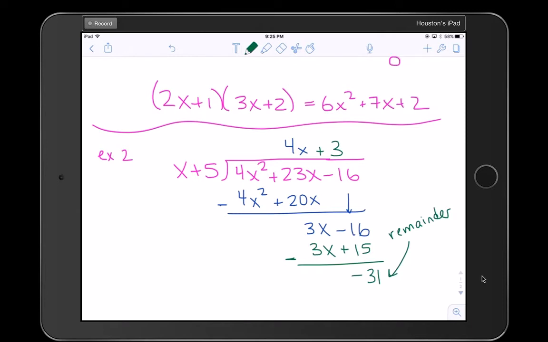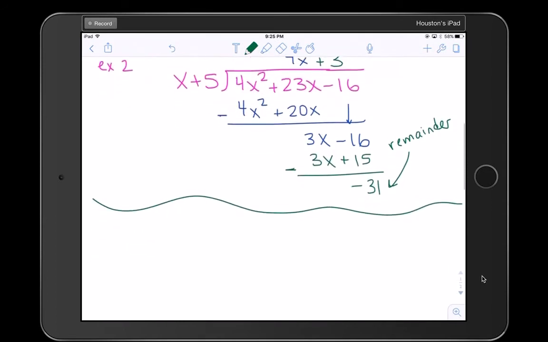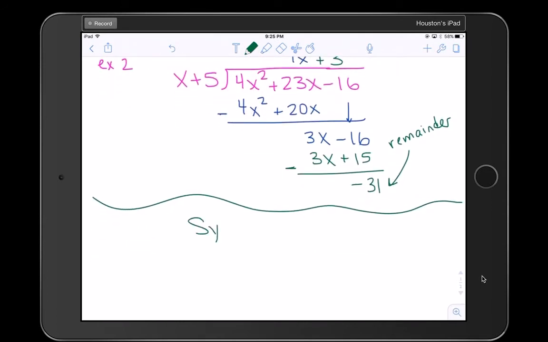Depending on the type of problem you have, you can also do something called synthetic division. The last two problems were long division.